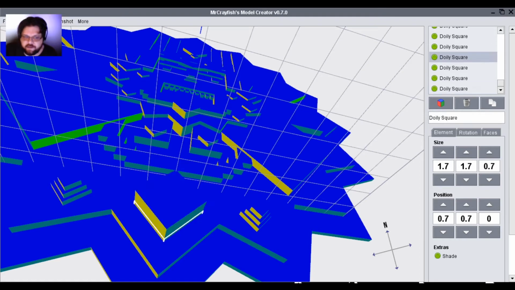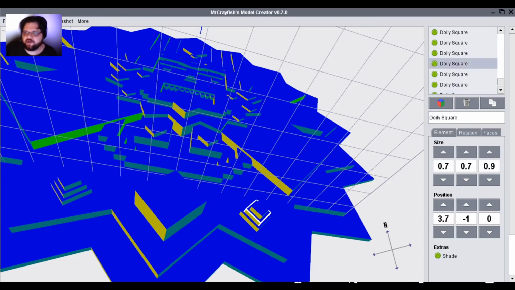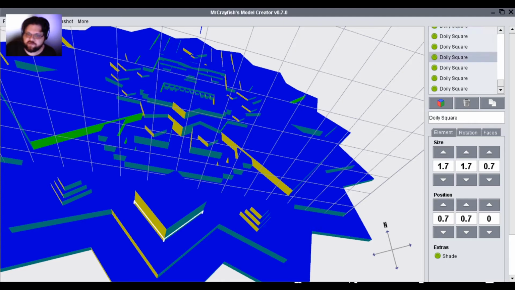Okay. So this one's the biggest. It's at 1.7. Let's pop that down to, let's see, it goes 0.7 here, a 0.9 there, so it's 0.2 difference. But let's do a 0.3 difference, 1.7, so 1.4.